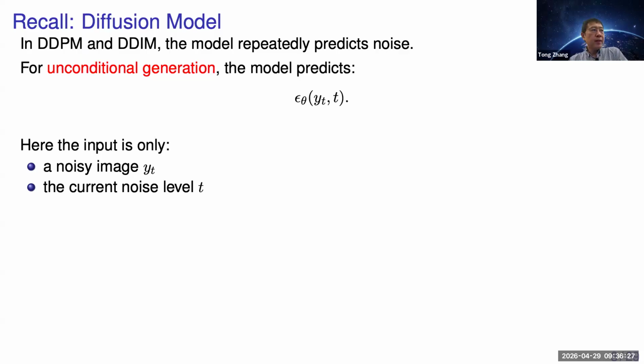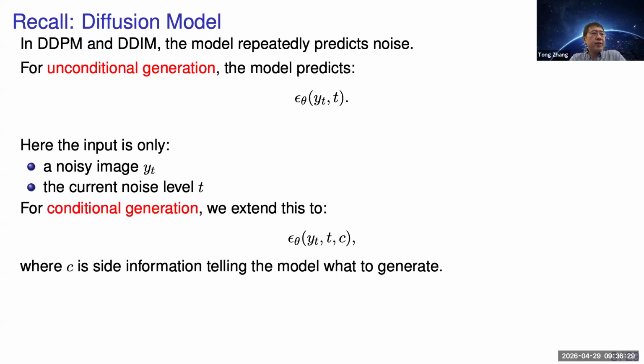So for the conditional generation, you're adding a condition, C. In the typical image generation, it's a text conditioning. So basically, it's a text, but you can use other conditioning, right? So in a lot of research applications, they use so-called class label conditioning.